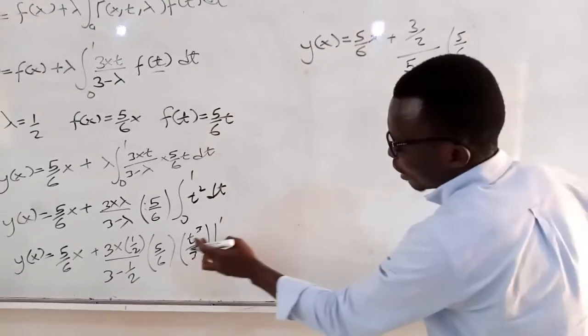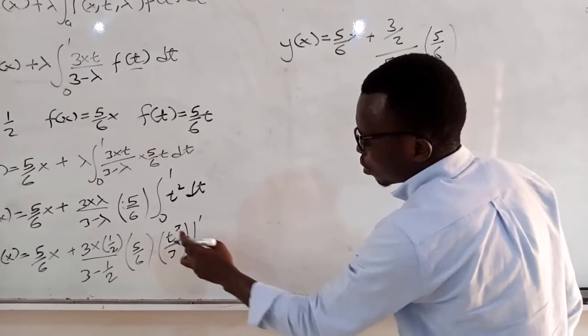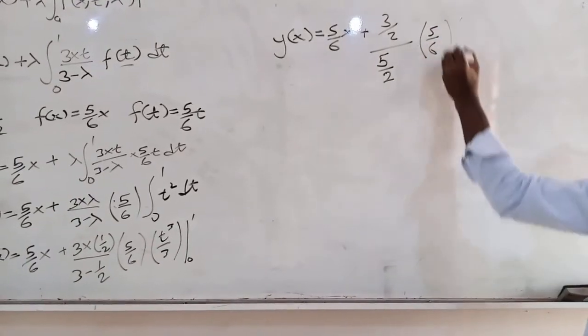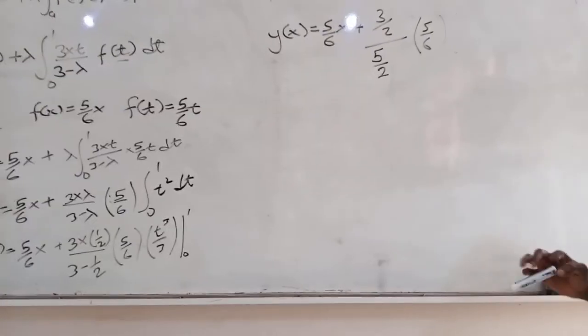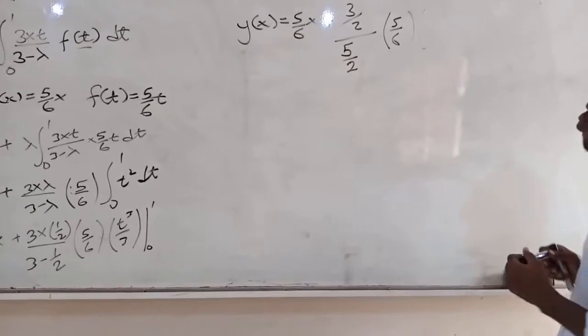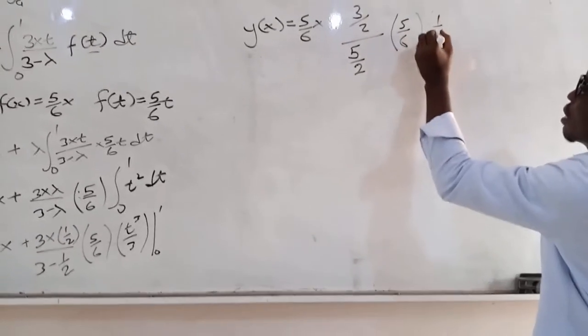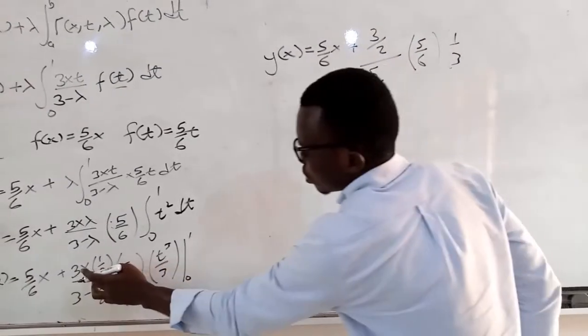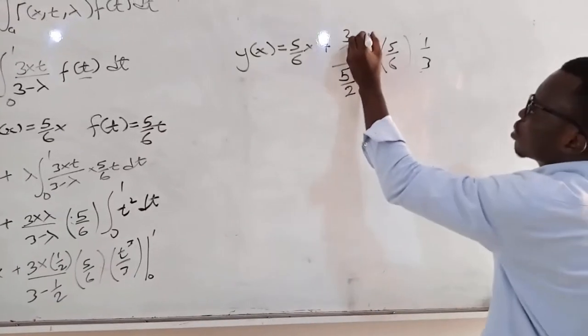If you put 1 here, you're going to get 1/3, so times 1/3, and there's an s here.